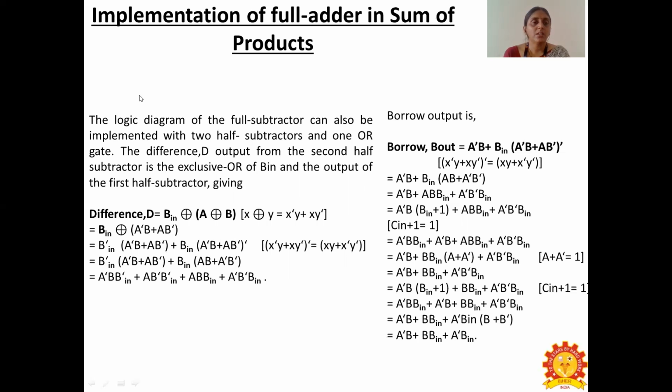So the difference D is given by borrow input B in XOR applied to A XOR B. Simplifying A XOR B, we get A dash B plus A B dash.